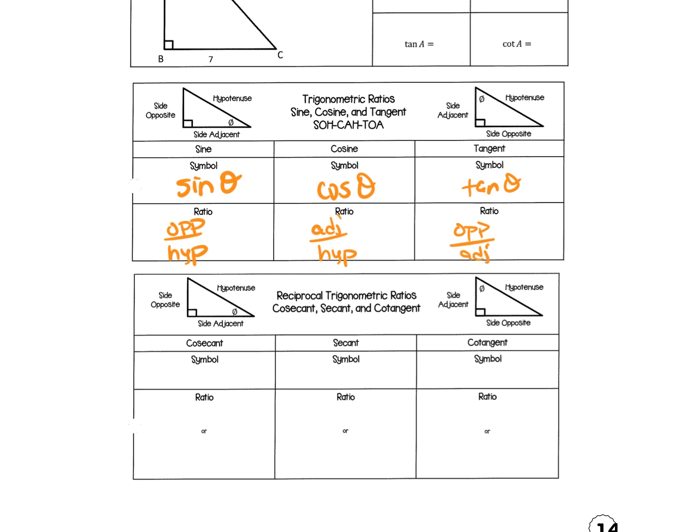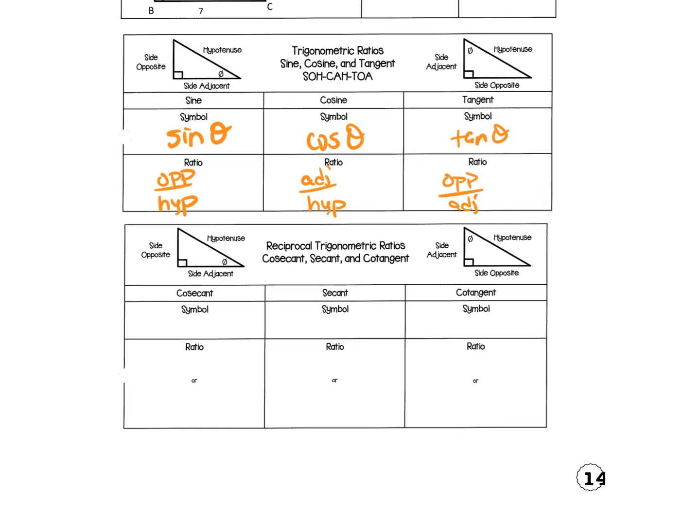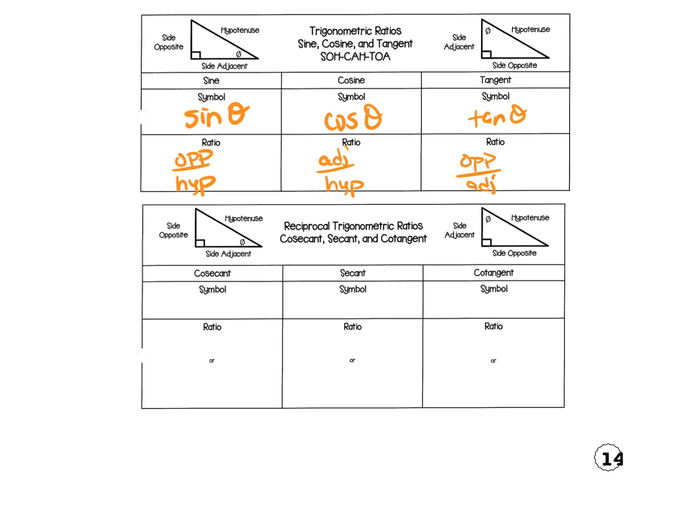Okay, so now these are the new ones that you need to know. These are our reciprocals. So for cosecant, the reciprocal of sine, we shorten that to CSC. So we can think of that as 1 over sine, or in other words, hypotenuse over opposite. Just flip it.